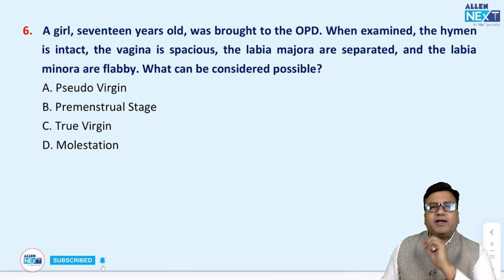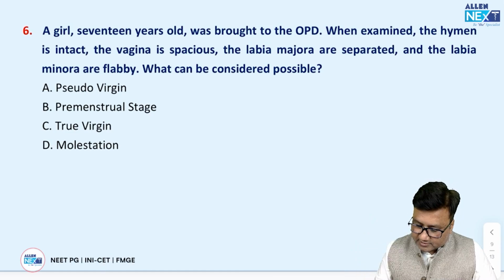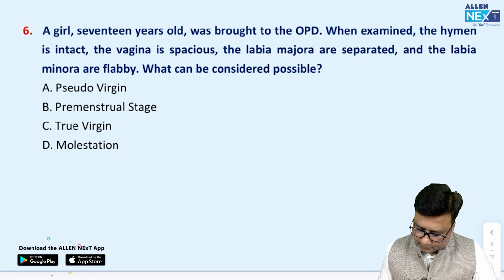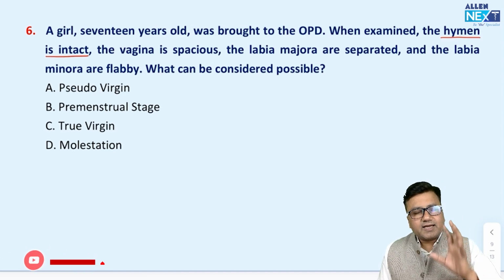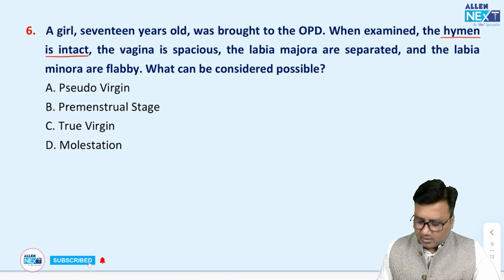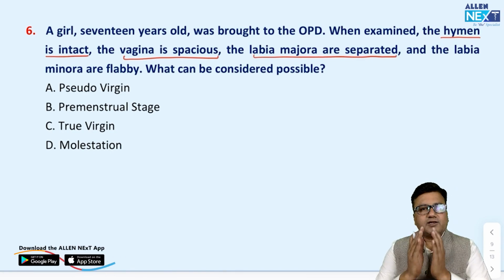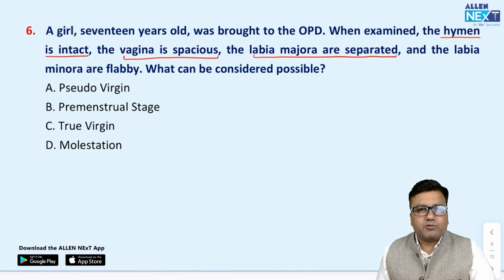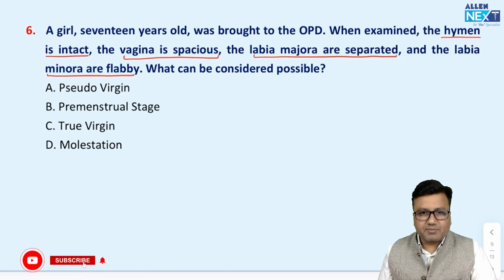But one finding which is very consistent with the virginity of the female is intact hymen. So although she has an intact hymen, but her vagina is spacious, labia majora is separated, it is not covering labia minora, okay, and labia minora itself is given as flabby.